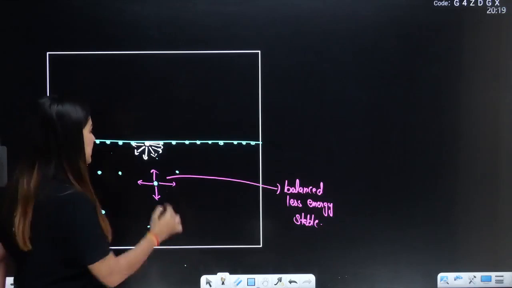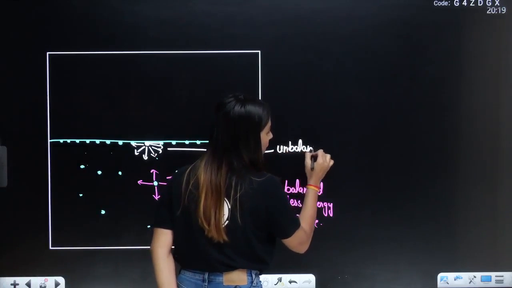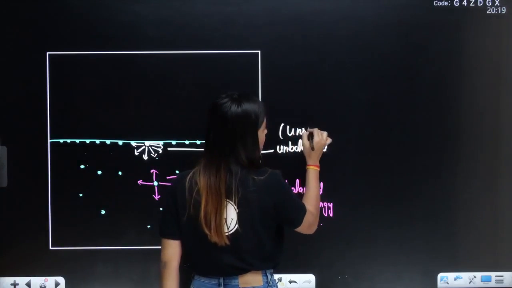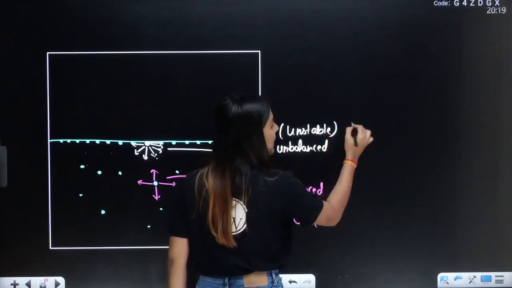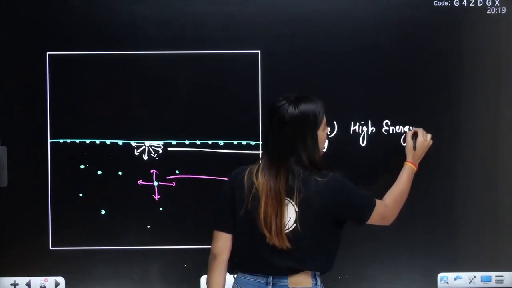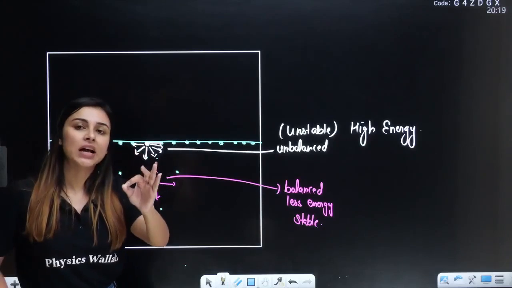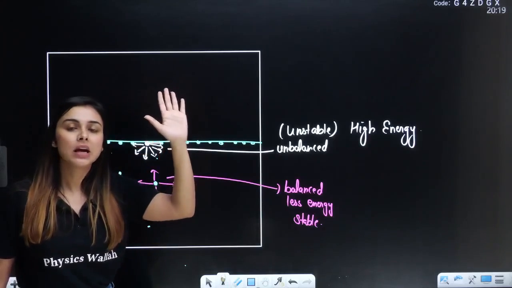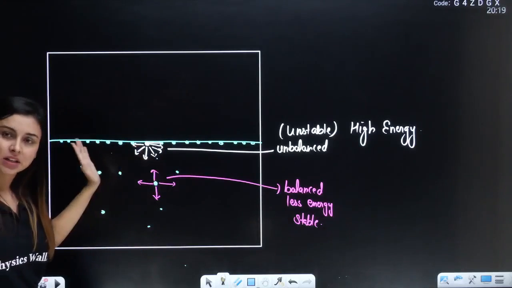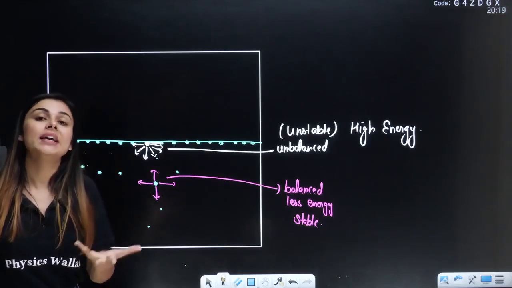This means he is unbalanced, unstable, with high energy. The moment he gets a chance, he'll go out into the outside world. Not only this particle, in fact all the particles on the surface are unbalanced and of high energy.